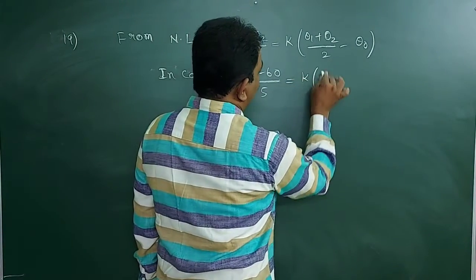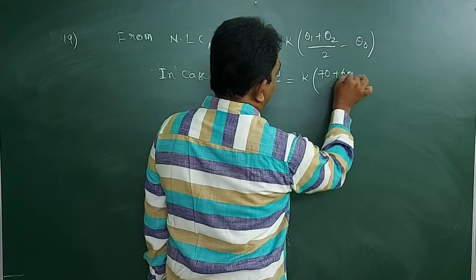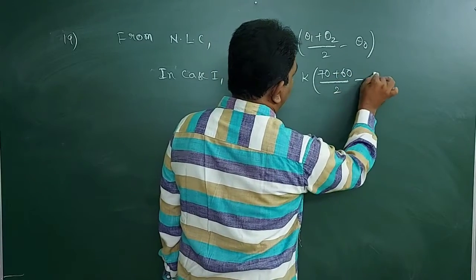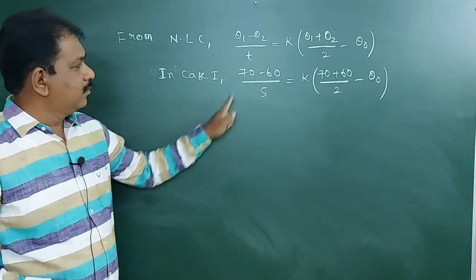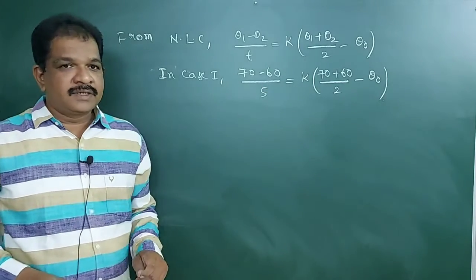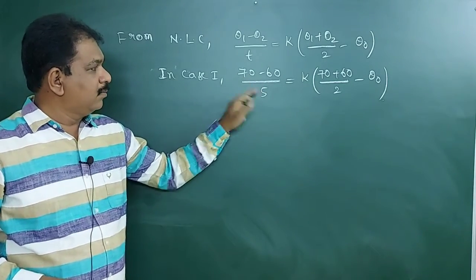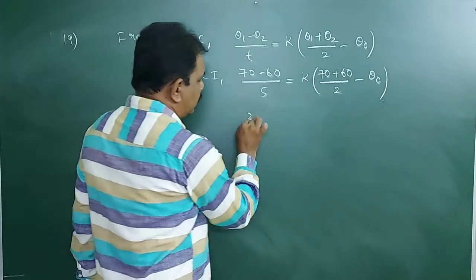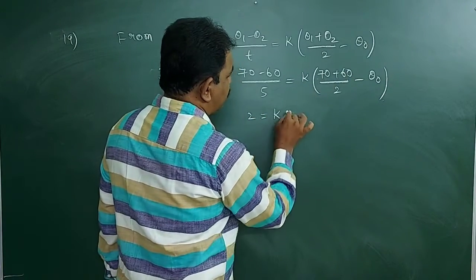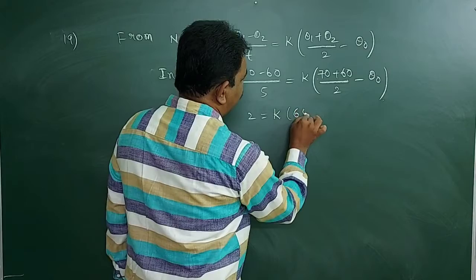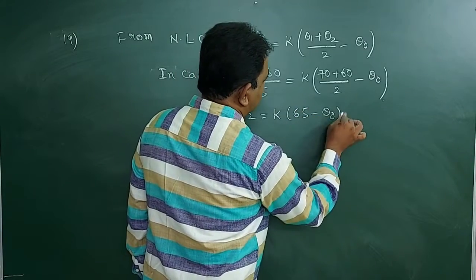K into (70 plus 60 by 2), and we have to calculate the surrounding temperature. 70 minus 60 means 10. 10 by 5 is 2, equal to k into (average of this, which is 65, minus theta naught).